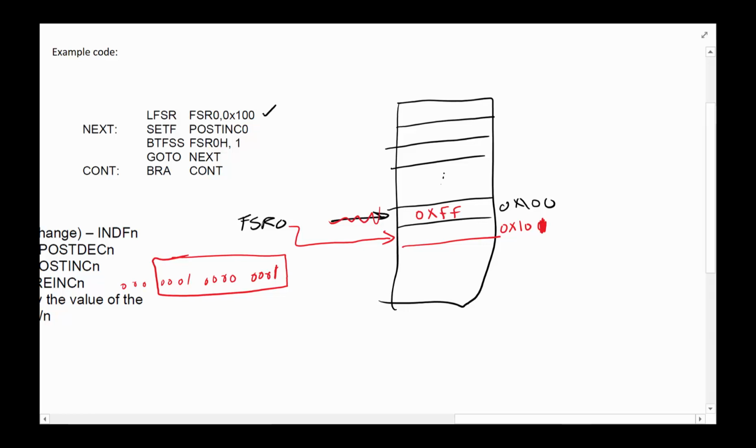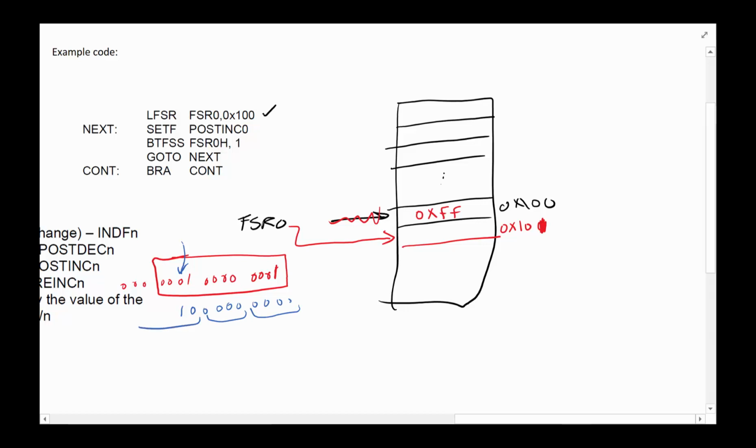And what it's saying is go ahead and keep sitting in this loop until bit 1 of the high, which is really this bit, becomes a 1. So when is this going to become a 1? The first time this is going to become a 1 is when we have this, right? So it's going to be 0, 0, 2.